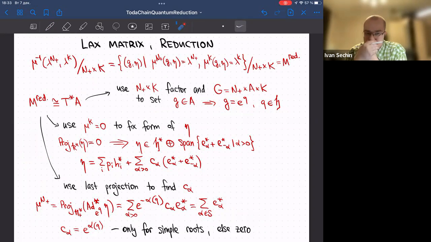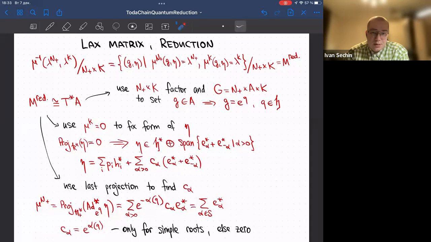First of all, we can use our Iwasawa decomposition and use our stabilizer to bring this G to a diagonal matrix U of Q, just because for every element of our Lie group, we can by left and right action obtain a diagonal matrix.